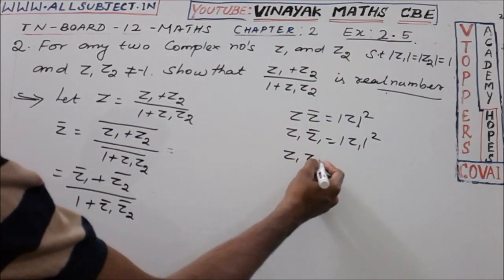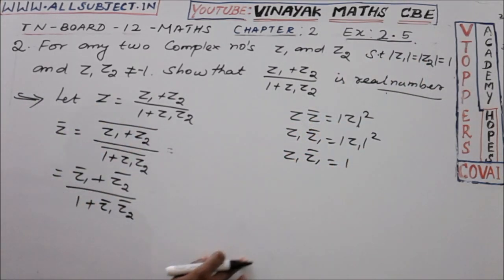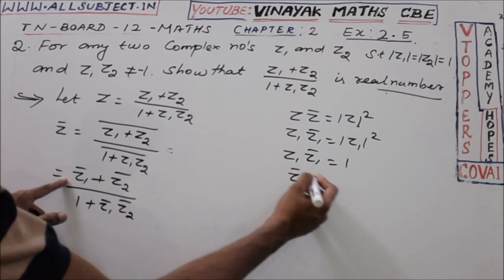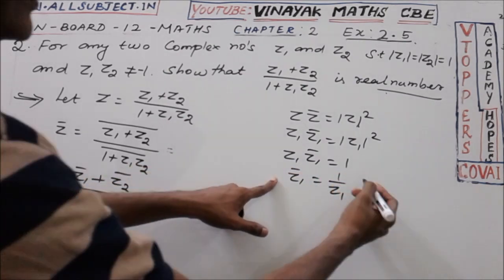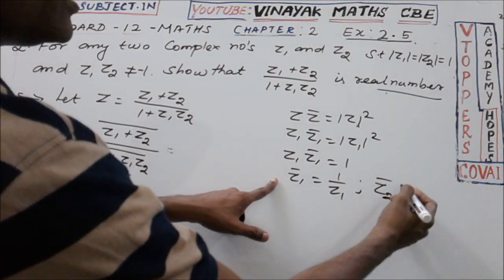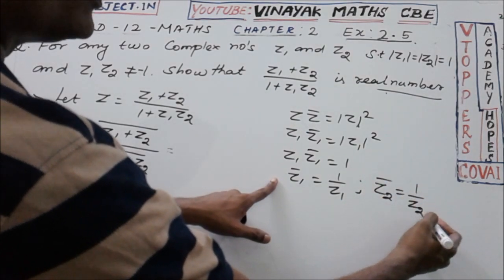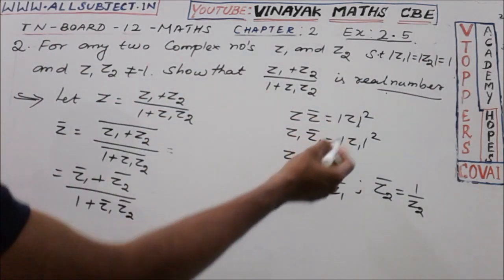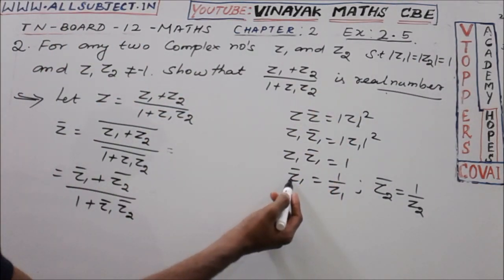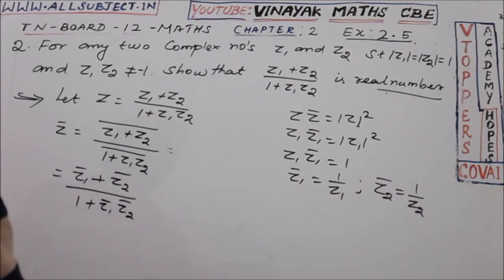So z1 z1 bar equal to 1. So z1 bar will be equal to 1 by z1. Similarly we can write z2 bar equal to 1 by z2, because for z2 also modulus is equal to 1.